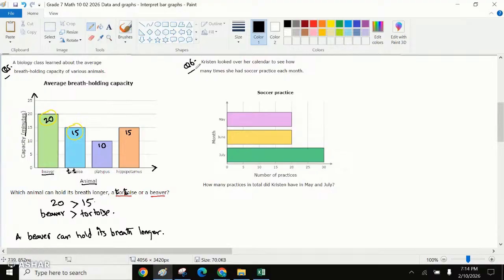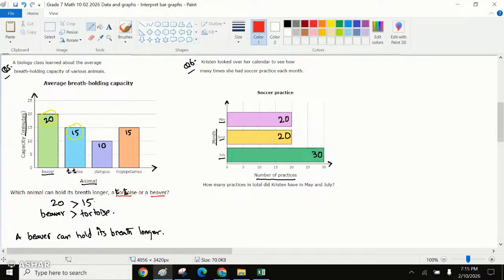Question number 6. So on the vertical axis, we have the months. On the horizontal axis, it's the number of practices. So in May, she practiced how many times? 20 times. In June, she practiced 20 times. In July, she practiced 30 times.